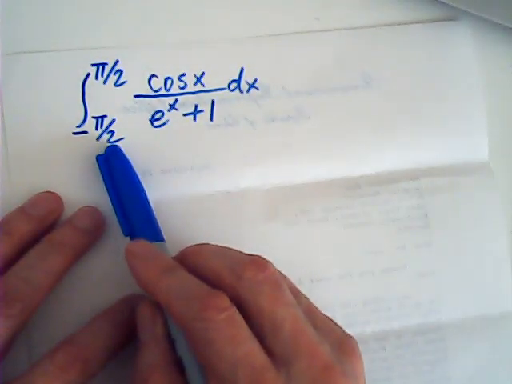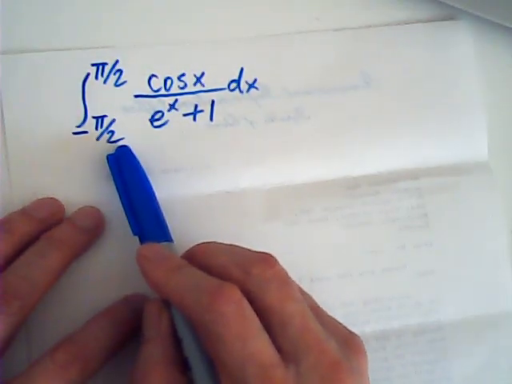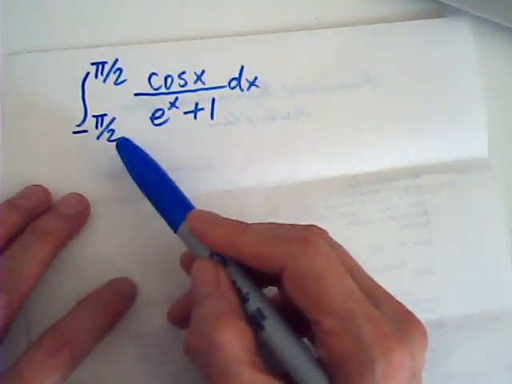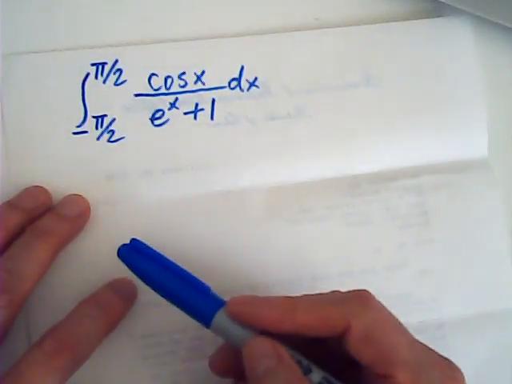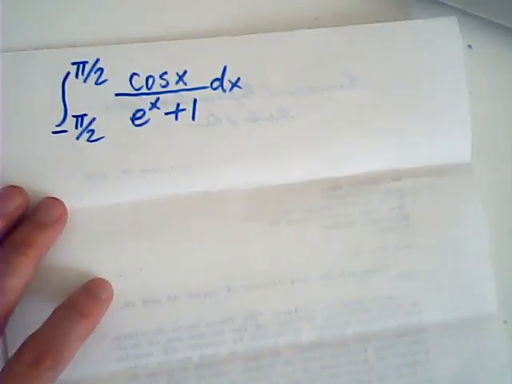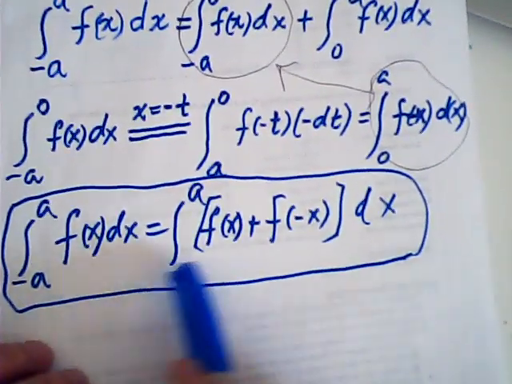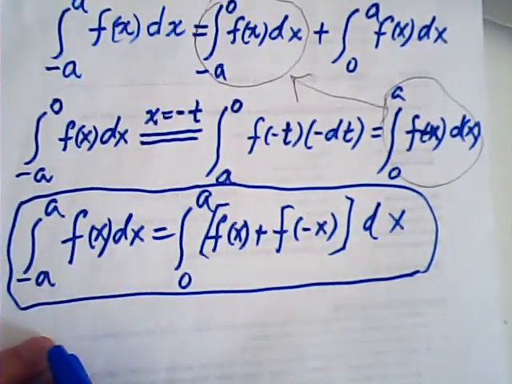Now, it's something special that it's from minus half pi to positive half pi, which satisfies our property here from minus a to positive a, right?